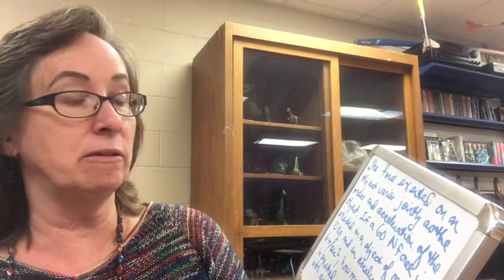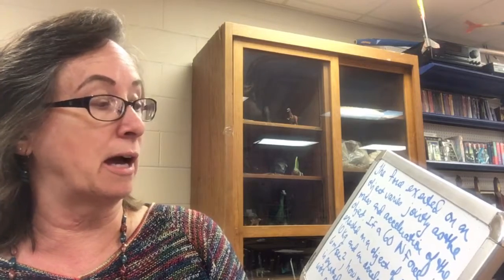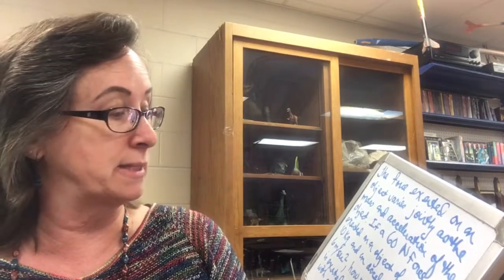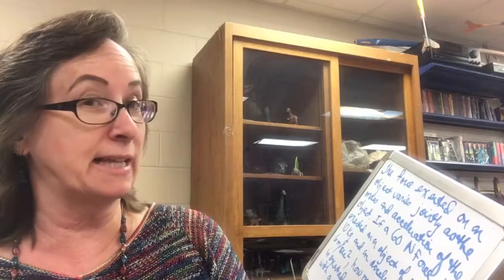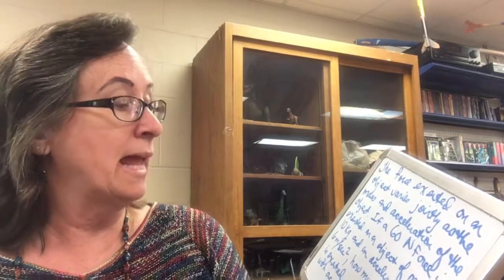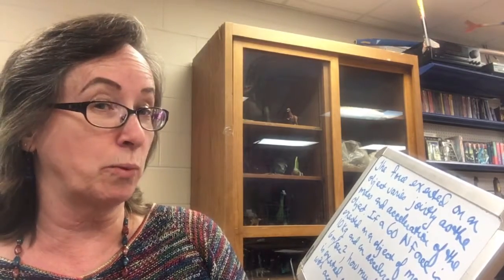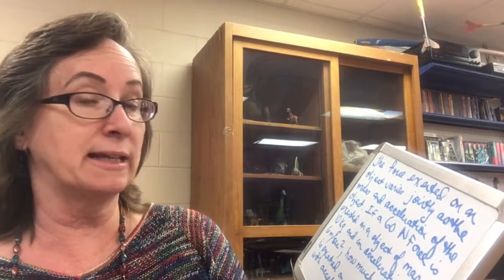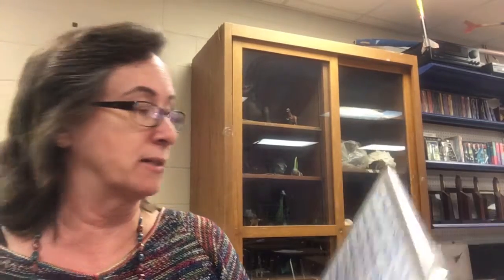If a 60 Newton force is exerted on an object of mass 10 kilograms and an acceleration of 6 meters per second squared, how much force is exerted on a 12 kilogram object with acceleration of 4 meters per second squared? Okay, so we're going to find a board that we can erase and do this problem, and then I'll come back with just a couple more to finish up.